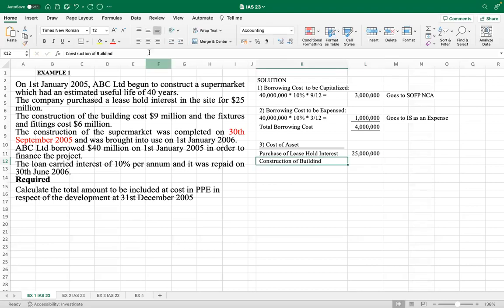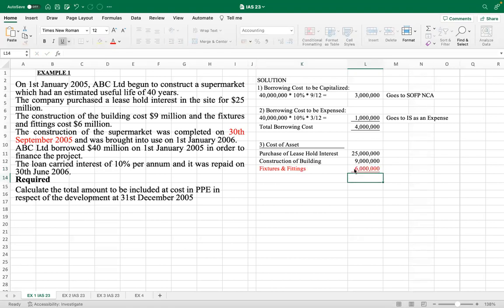Construction of the building costs 9 million. Number 3, fixtures and fittings cost 6 million. Sorry, 6 million. Fixtures and fittings cost 6 million.